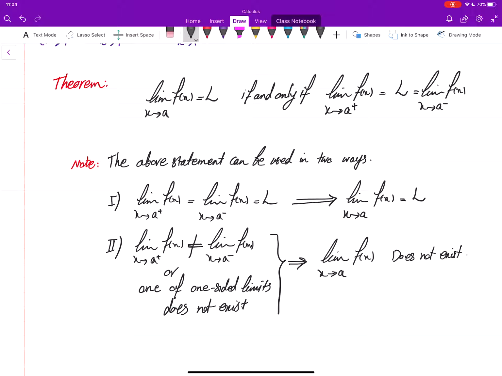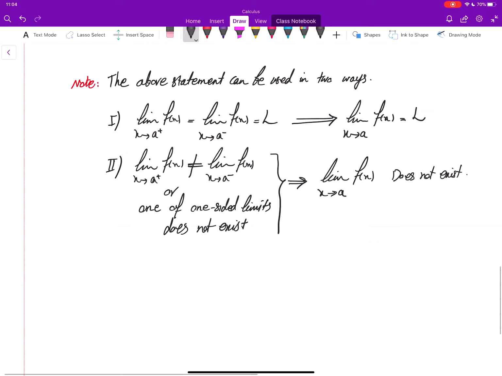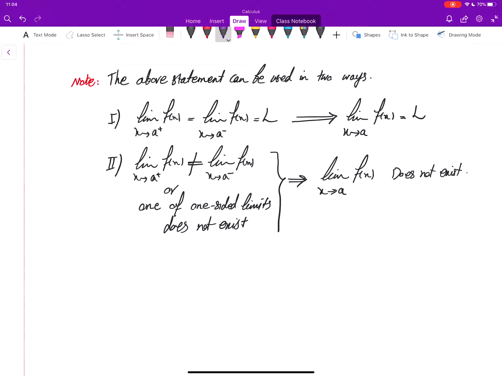And this is the theorem that actually says why, while trying to find the limit of piecewise defined functions, you have to go with the left limit and right limit. Because at the end, you can use this fact and determine whether the function has a limit, or what the limit is. So I will go through the examples we had for this video.